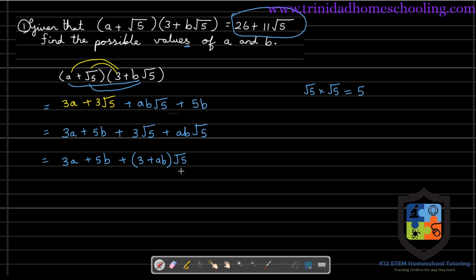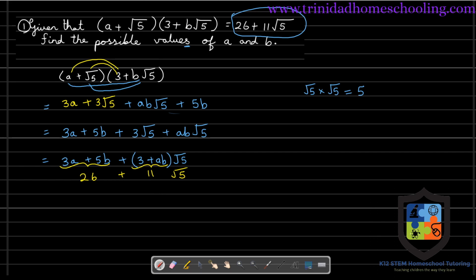Now I'm going to rewrite this: 26 plus 11 multiplied by the root of 5. So now we see that this here corresponds to the 26 and this part here would be 11.